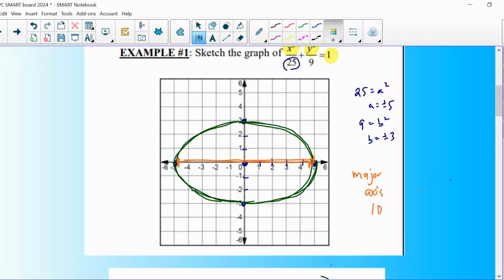Where the minor axis, in this case, the smaller length, is in the direction of y, and that has a length of 6. And again, that 10 and the 6 each represent double the a or the b. 6 represents 2b, and then 10 represents 2a. Okay. So it's kind of like a circle with radii in different directions. One length, one the other.